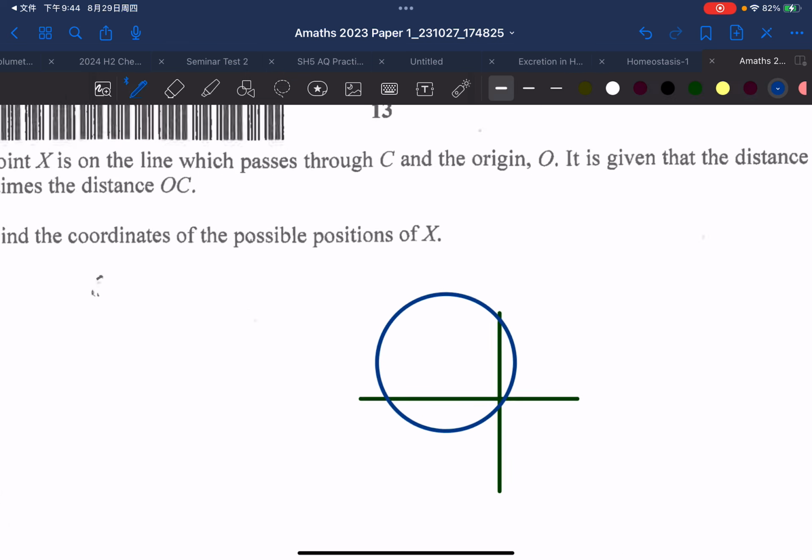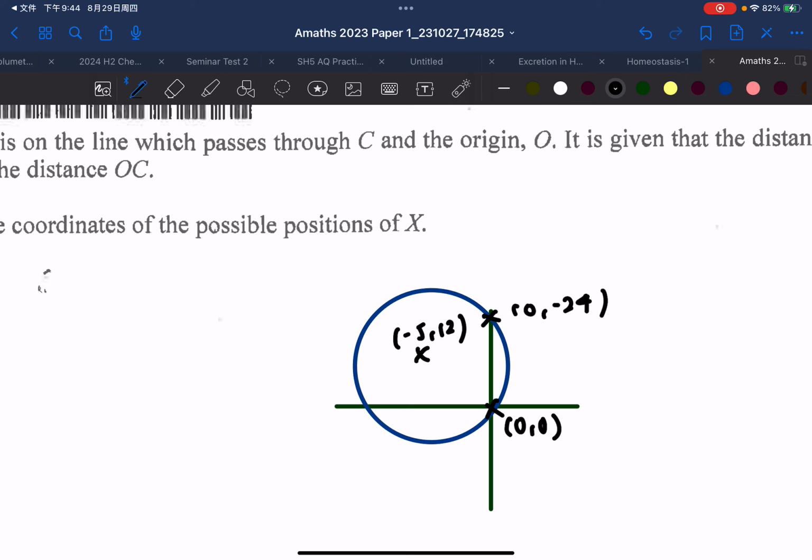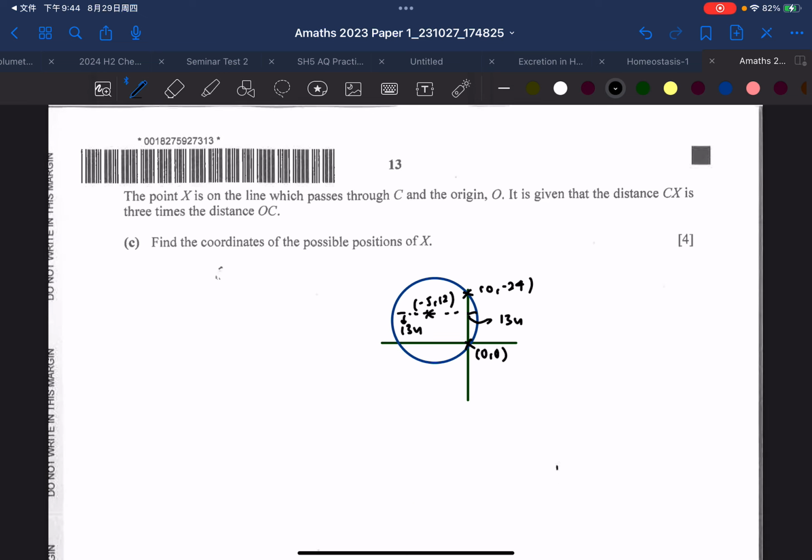I know that just now I got that the radius is 13, right? And my center is this. And I cut through the origin and the y-axis here. Okay, this is the information that I have. Right? And here 13 units, here 13 units.